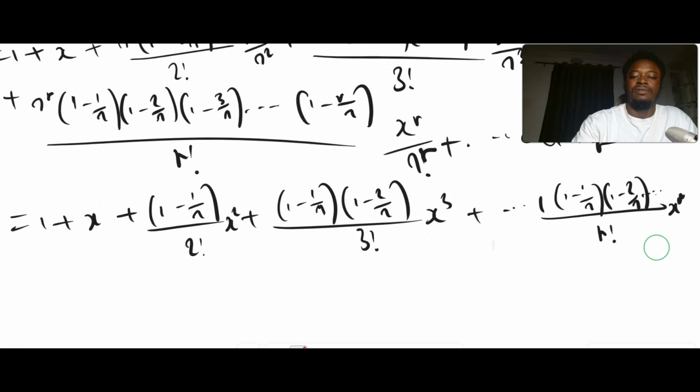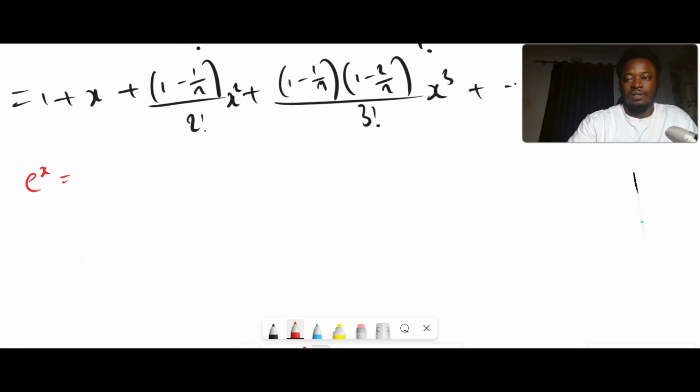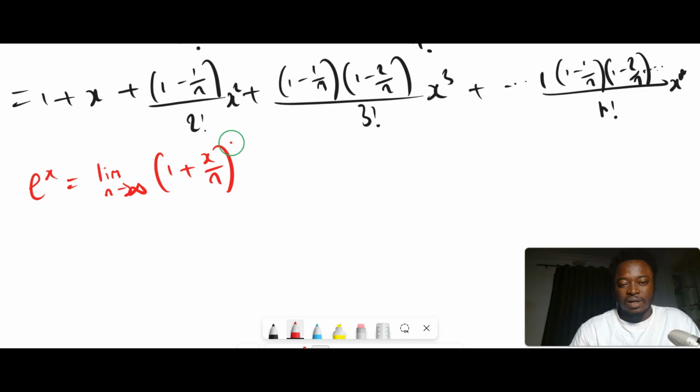Now if you recall the definition of the limit, we define e to the x to be equal to the limit as n tends to infinity of (1 + x/n)^n.